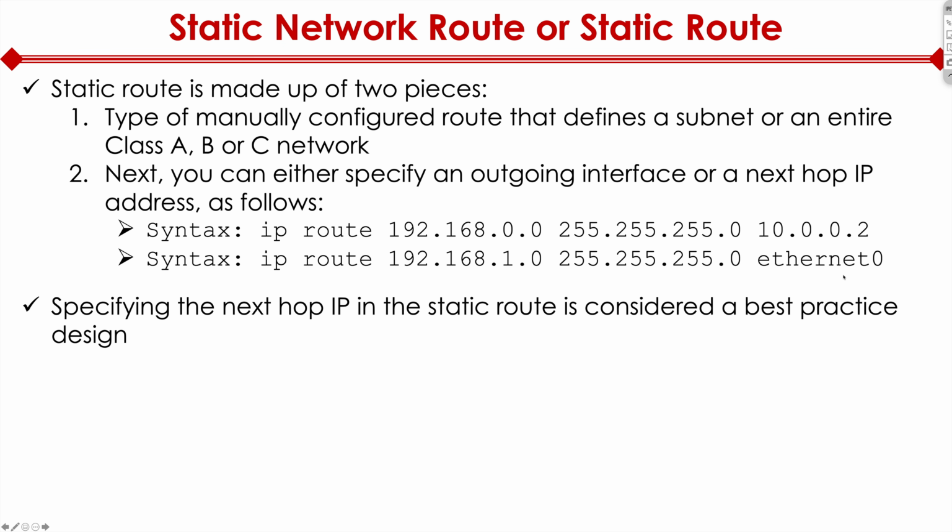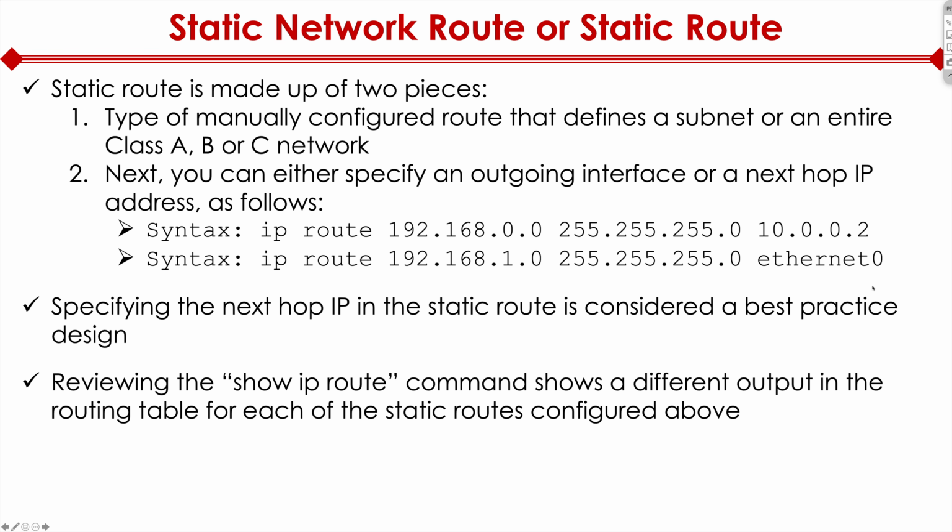But if it's not a point-to-point interface and it's an Ethernet segment with multiple devices on it, every single time you're expected to route traffic to that interface, it's going to generate a broadcast, and that broadcast will be sent out to all the devices. So it's not considered good practice to specify an interface. Instead, you should always have a next hop IP configured.